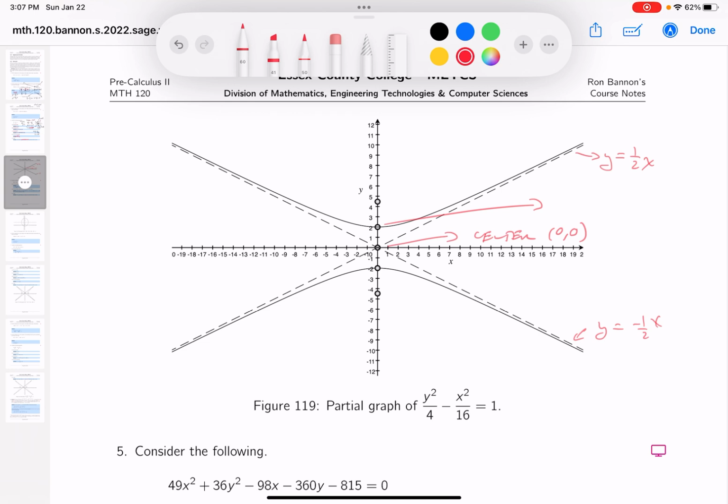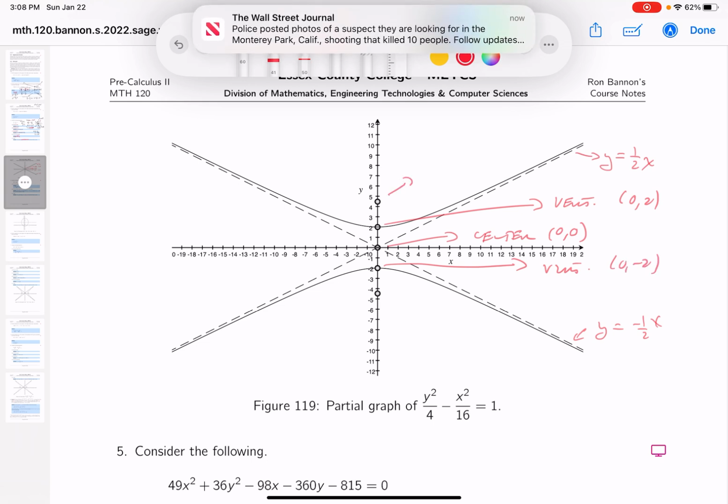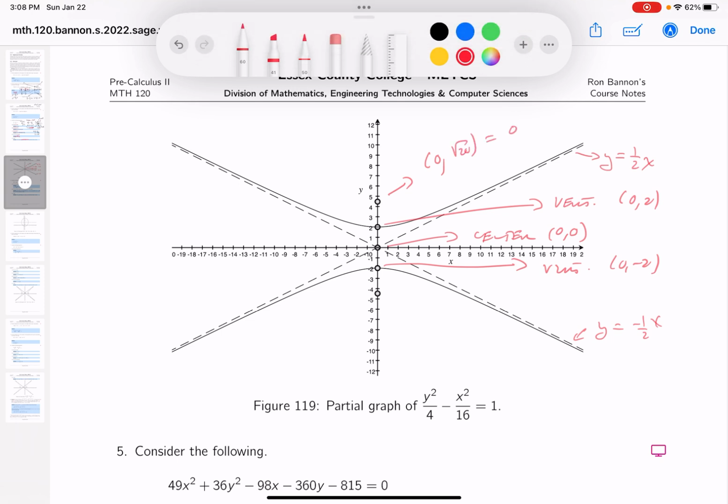This is one of the vertices. And what's that vertex over there? 0, 2. This is another vertex over here. What's that going to be? 0, minus 2. And this over here is going to be 0, root 20. If you prefer, that would be 0, 2 root 5.